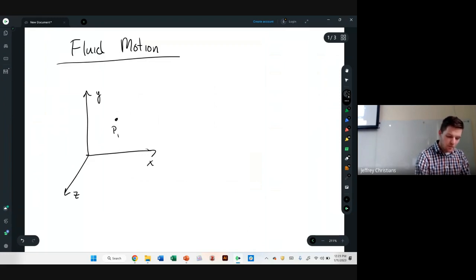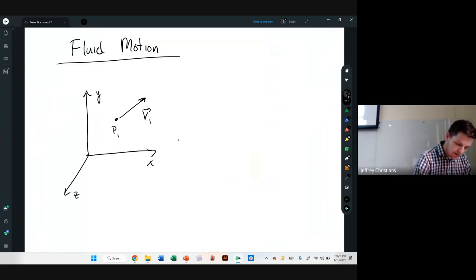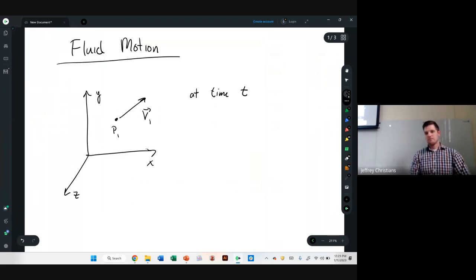This fluid particle P1, we could describe its movement at a given time. So this is at time t. P1 is right there and it's moving that way.